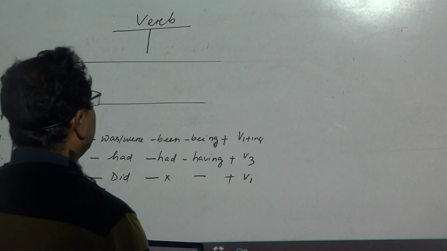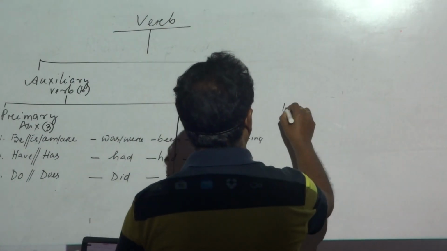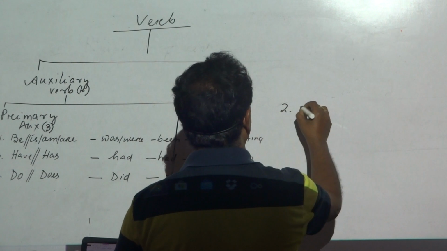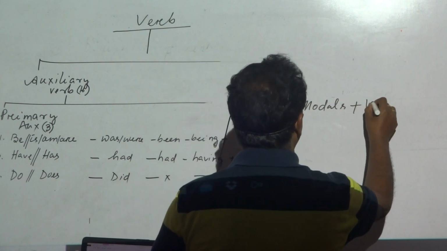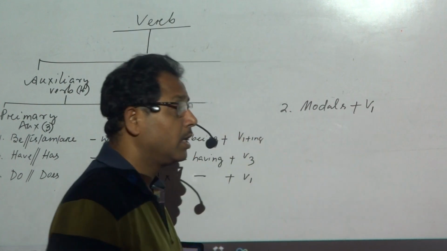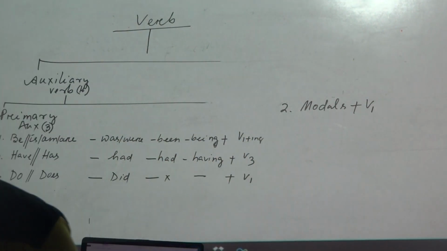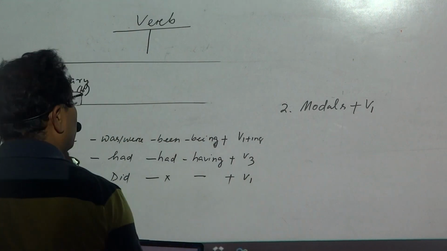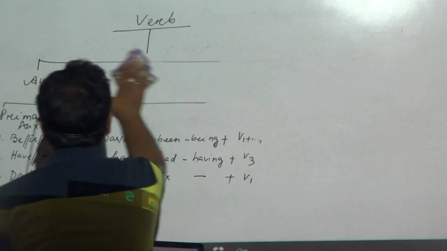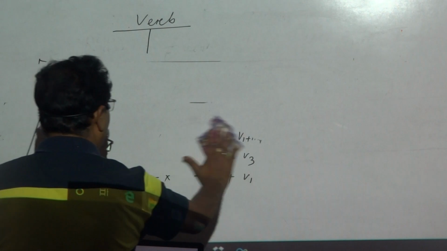Similarly, all the modals are always followed by V1. Okay? So, simple things are there. These four structures. So, we got the verb forms and structures.